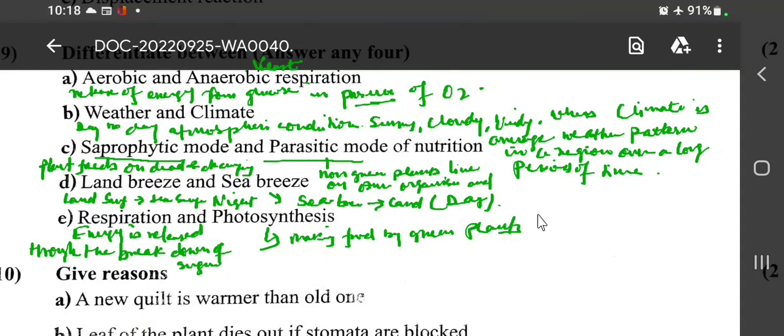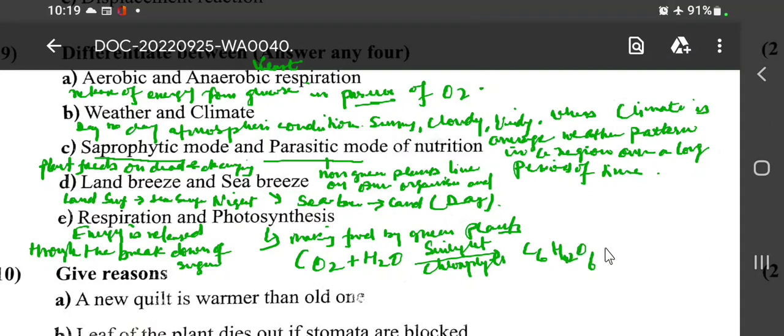Its equation can be written as CO2 plus H2O, in the presence of sunlight and chlorophyll, gives glucose, C6H12O6, plus lots of oxygen.